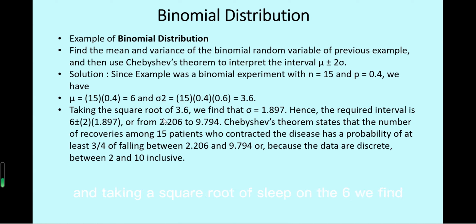Taking the square root of 3.6, we find sigma equals 1.897. So the required interval is 6 plus minus 2 times sigma, which means from 2.2 to 9.79.